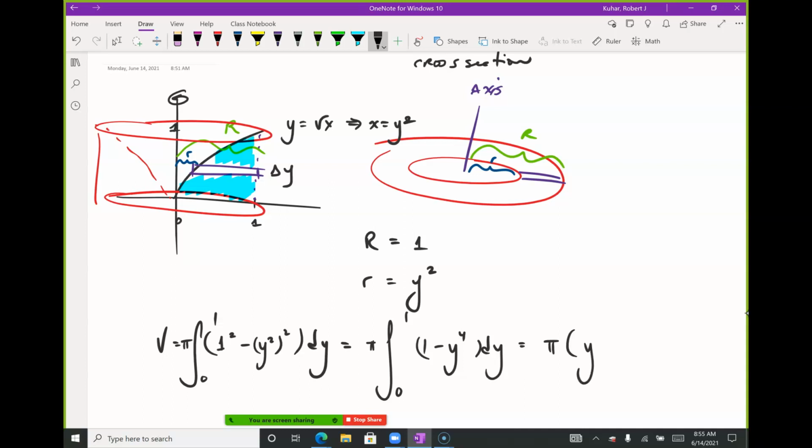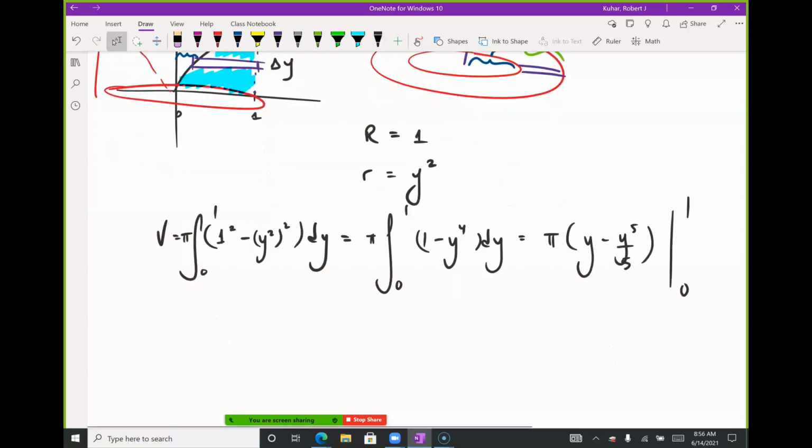Yes, Charlie. Is that rotating on the y-axis? Yep, y-axis, yep. Looks right? Okay.